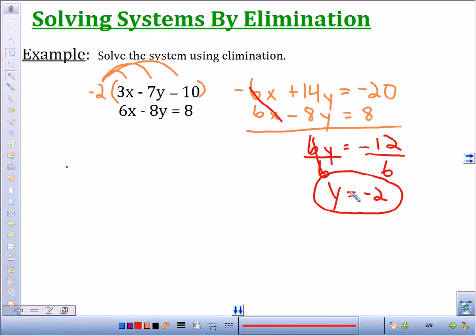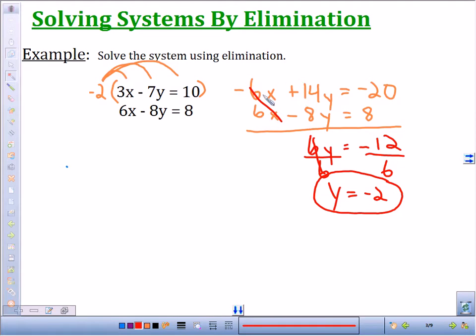In order to figure out what x is, all I have to do is take negative 2 and plug it in for y into one of my equations. This is my third step. I did the first step, that was I multiplied my top equation by negative 2 so that my two equations had a coefficient, negative 6 and positive 6, that differed only in sign.